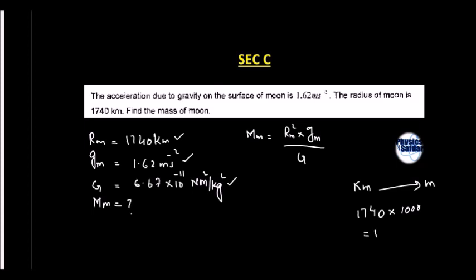Then we get 1740000. It's better to write in the power of 10. So you can write 1.74 into 10 raised to the power 6 meter. Now you can write this meter value in your information like this.